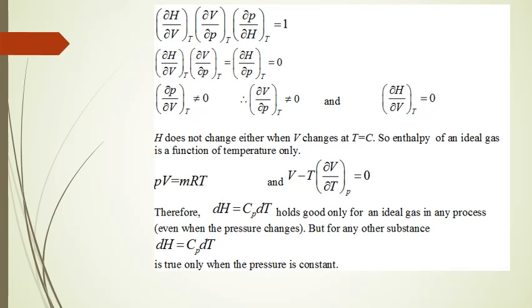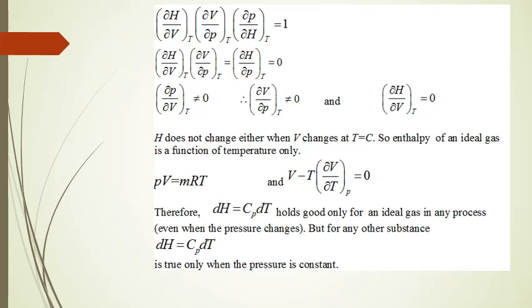Now using the result of theorem second, we get del H upon del V when temperature is constant into del V upon del P when temperature is constant into del P upon del H when temperature is constant is equal to minus 1. Now we take the third term on the right hand side and we get del H upon del V when temperature is constant into del V upon del P when temperature is constant is equal to del H upon del P when temperature is constant.